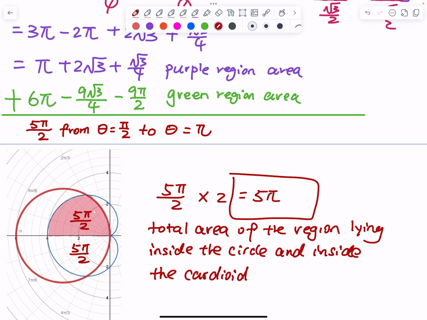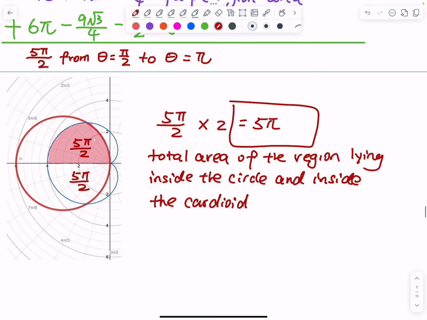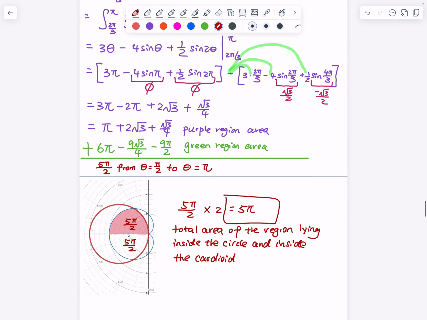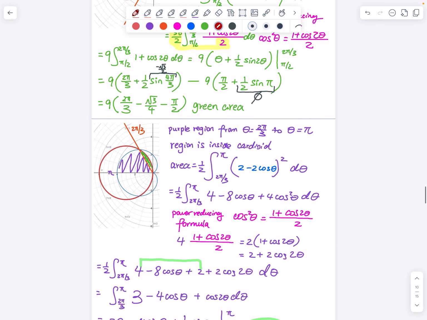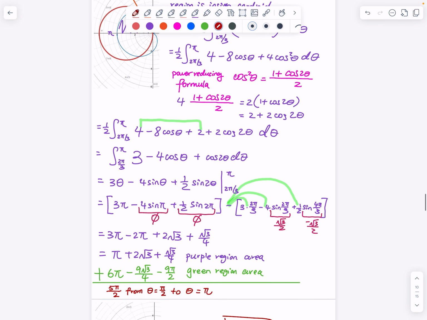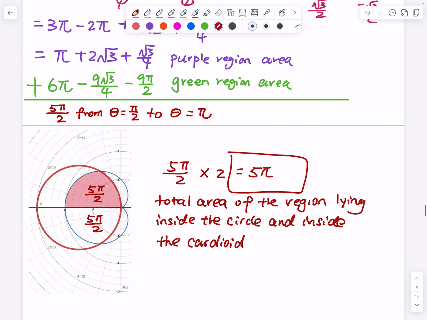Okay, and there we go. Then that is the end of this problem. So all that piece of work for a 5 pi. All this work, 2.5 pages, just for a 5 pi, which is normal in this type of problem.